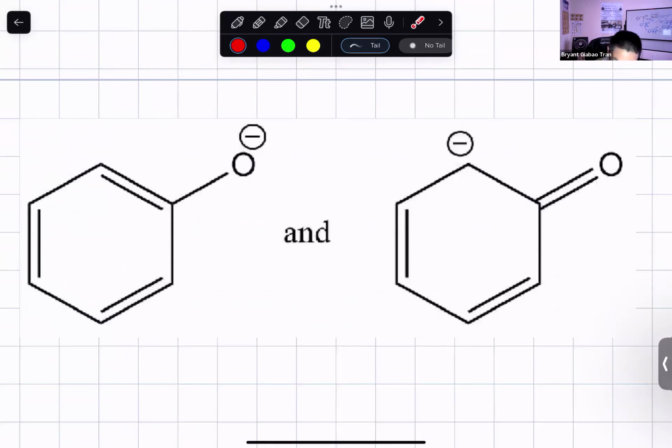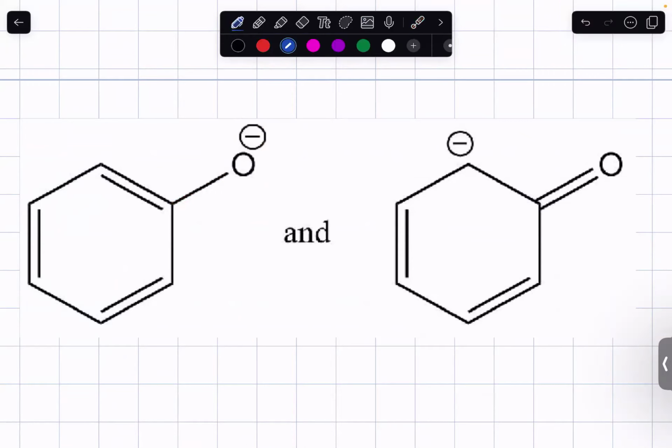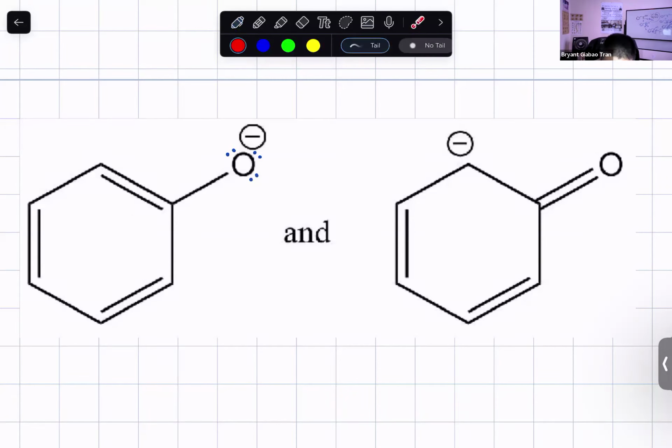How many pairs of electrons does this oxygen have if it has a single bond and a formal charge of -1? 3 electron pairs? Yes, 3 electron pairs, because oxygen has 6 valence electrons, but as it's drawn here, it has 1, 2, 3, 4, 5, 6, 7 electrons to itself. 6 minus 7 is -1.